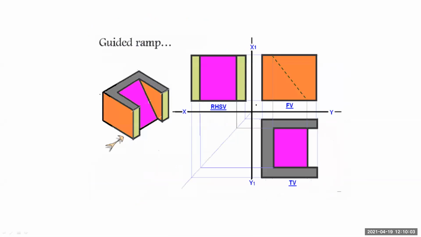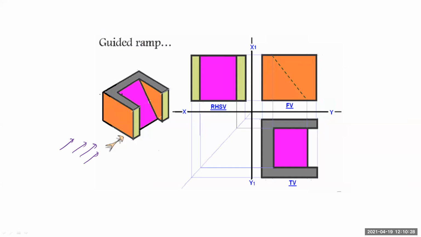Now, coming to this picture. Here you can see some arrow is made, showing that the observer is looking at this object from this side. In the front view, you will be able to see this orange color face, but you will not be able to see this gray color face.